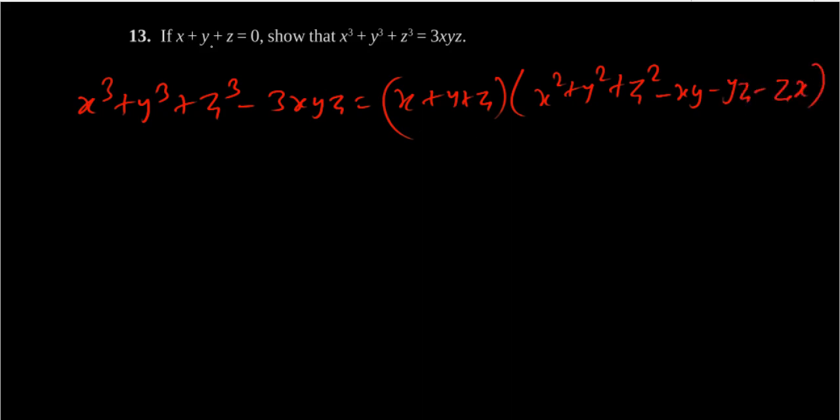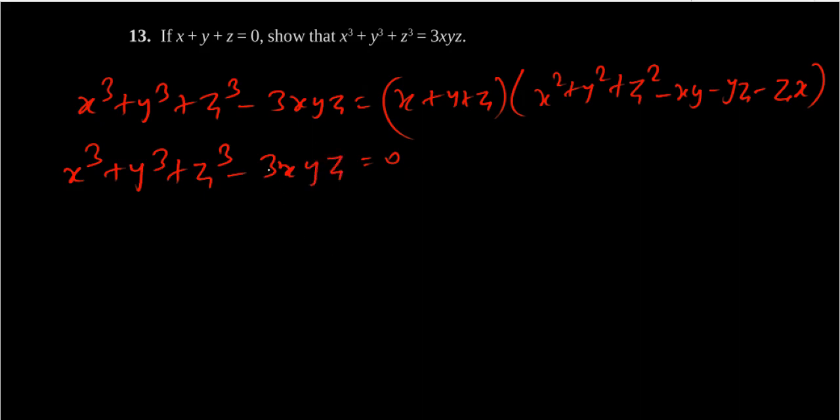If x plus y plus z equal to 0, then 0 times this fully becomes 0. So the right hand side is 0, only the left hand side is left over: x cube plus y cube plus z cube minus 3xyz equal to 0.